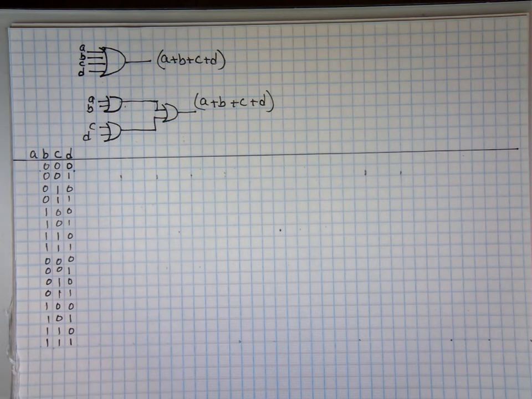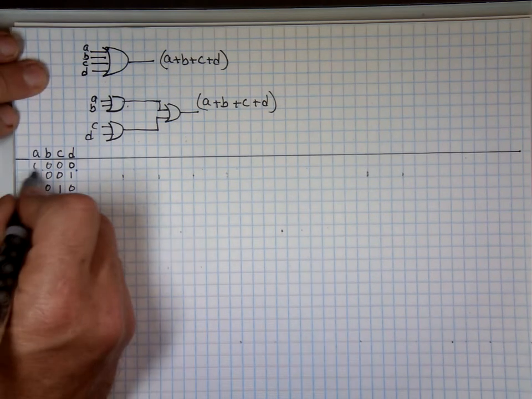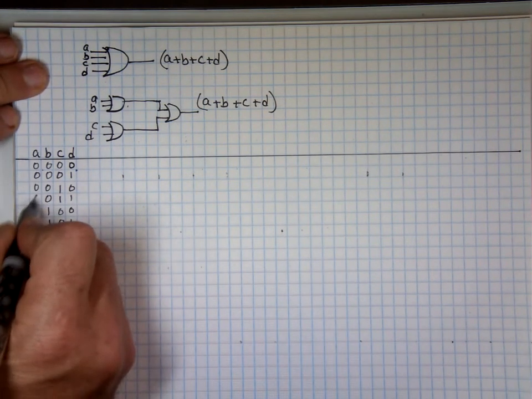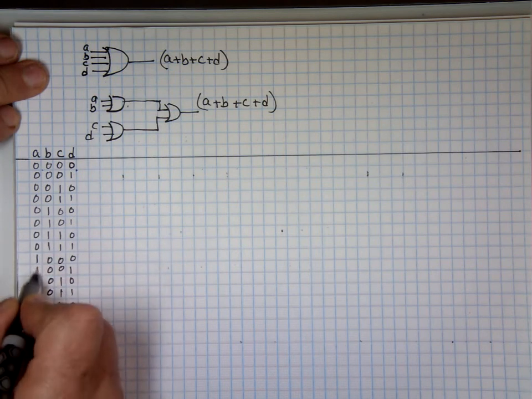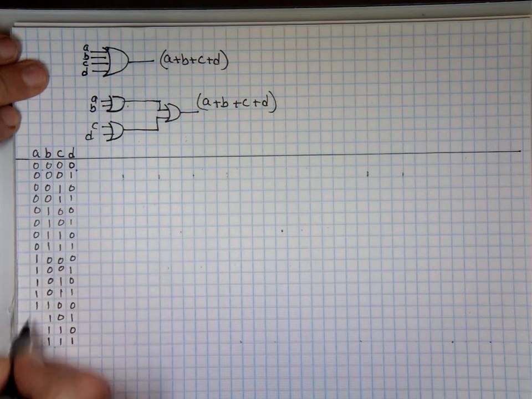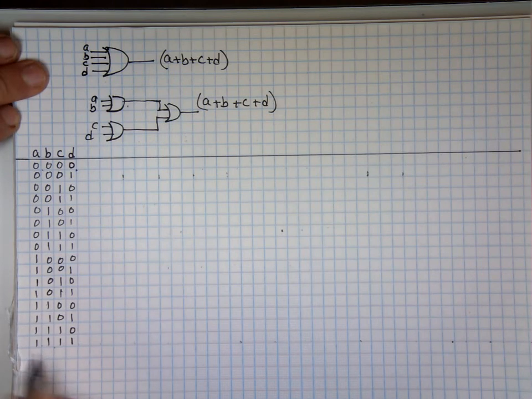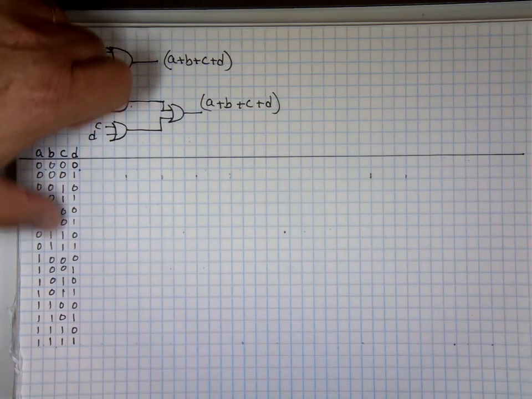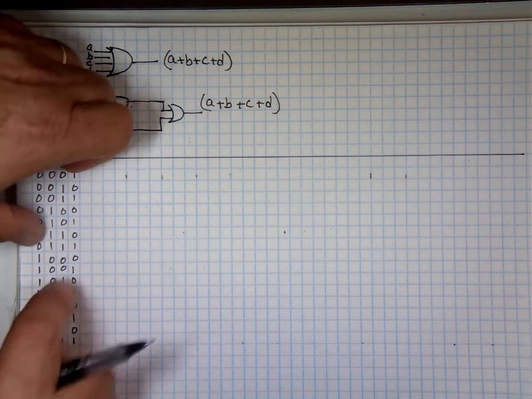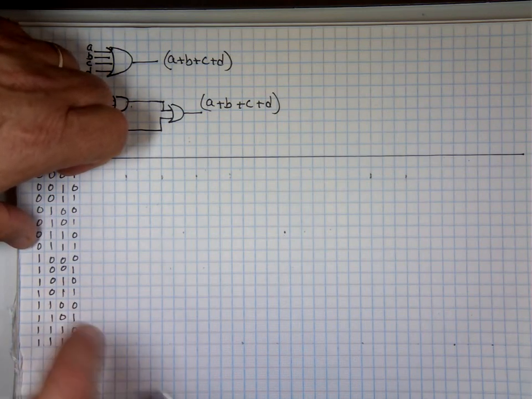And the last one is what? 8 and 8? 8 zeros, 8 ones. If you look at the decimal value for them, that's the 0, the 1, the 2, the 3, the 4, the 5, the 6, the 7, the 8, 9, 10, 11, 12, 13, 14, 15.